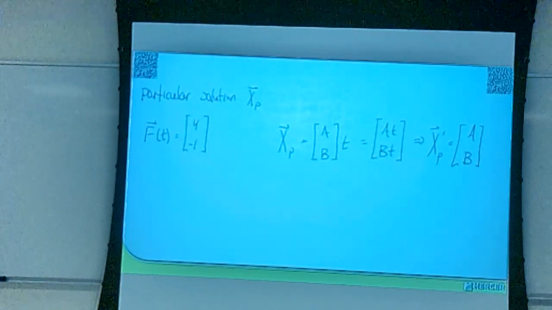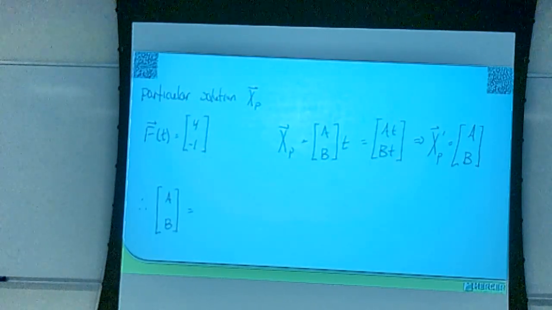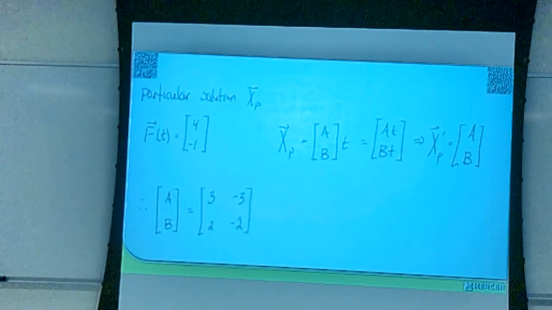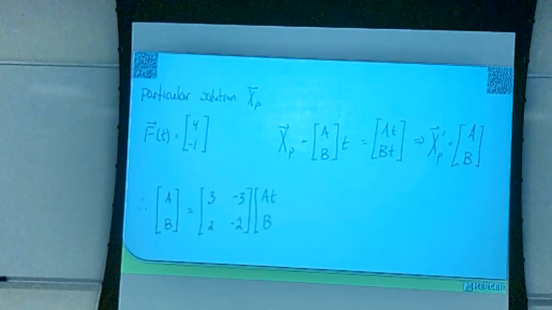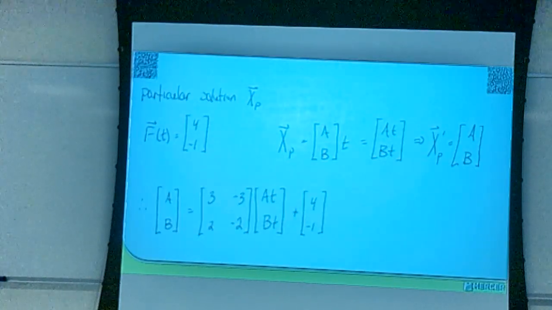So it says x prime equals 3, negative 3, 2, negative 2, times xp, plus f of t.